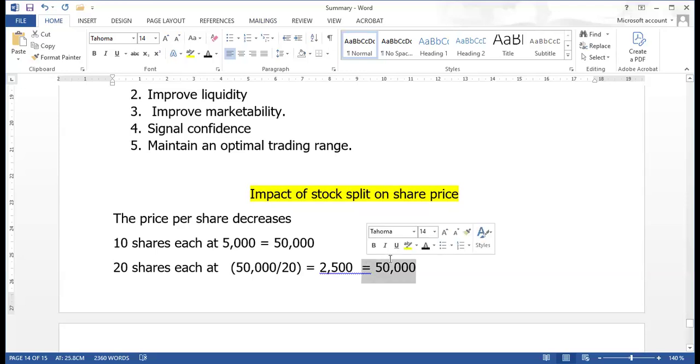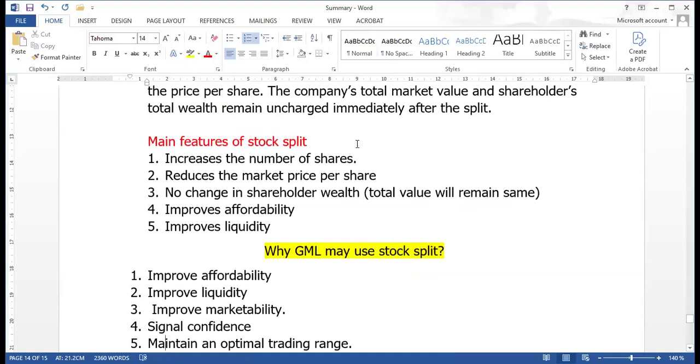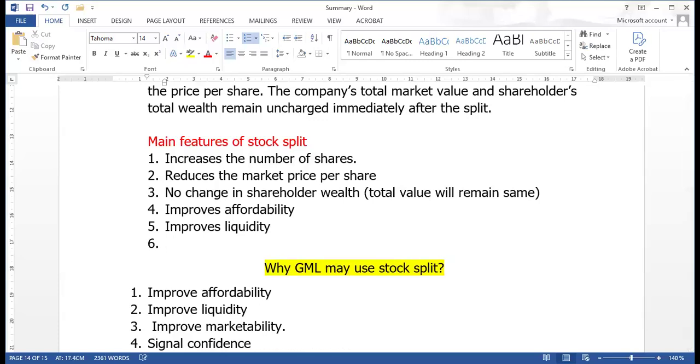Yes. The total equity will remain the same. The only impact is that you may have more shares outstanding. Okay? Like the same way we talked about here, you have more shares outstanding. So if you want to think beyond it, if you have more shares outstanding, this reduces what? This reduces EPS.